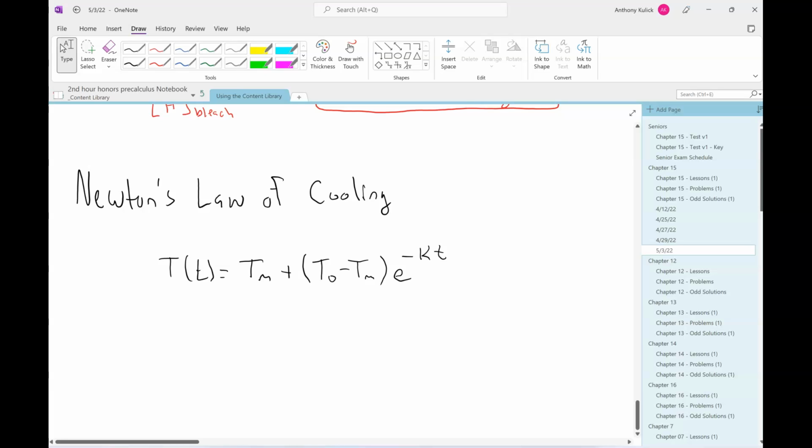All right, so what do these symbols mean now? The T of t is the temperature of the substance in question, t minutes after removing from heat.